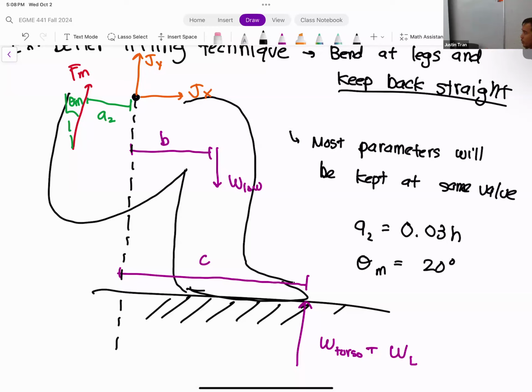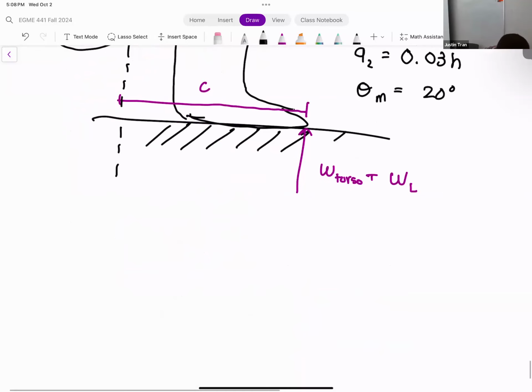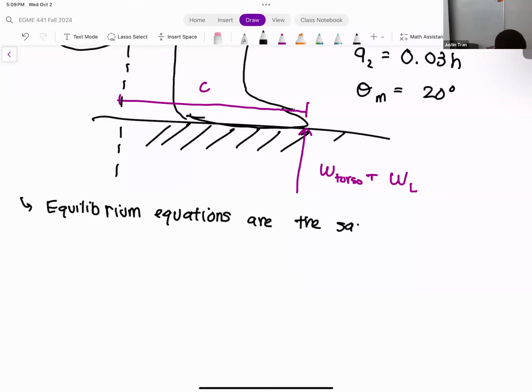Because we kept most of the parameters the same, our solutions are going to be the same as well. So I'm not going to write out the force summation or the moment summation. The equilibrium equations are mostly the same. So I'm just going to skip to the result, because how we got it is the same as before.